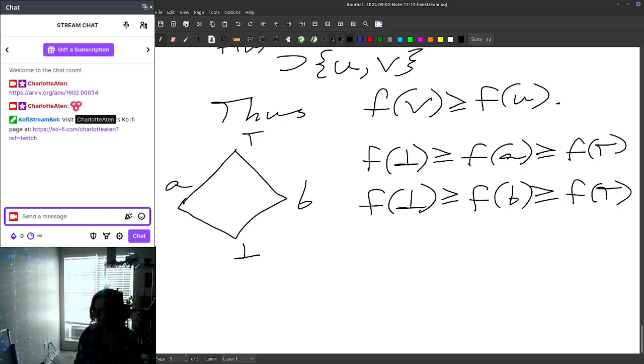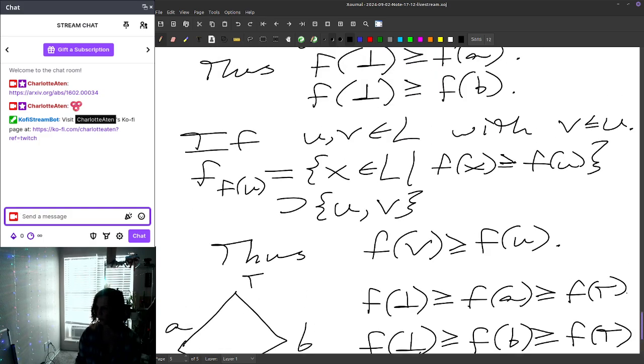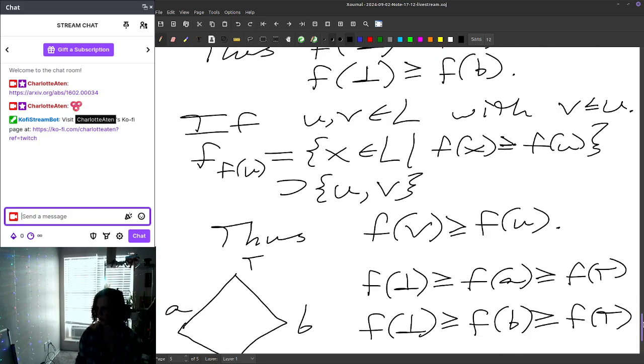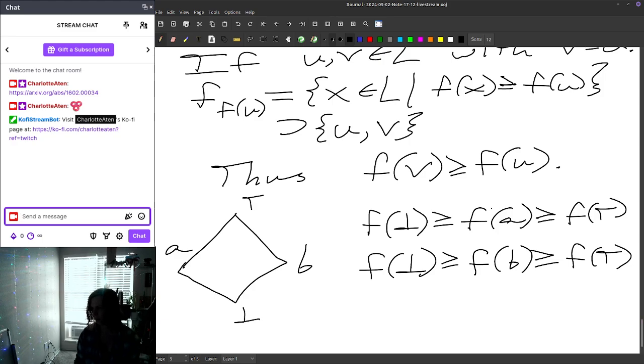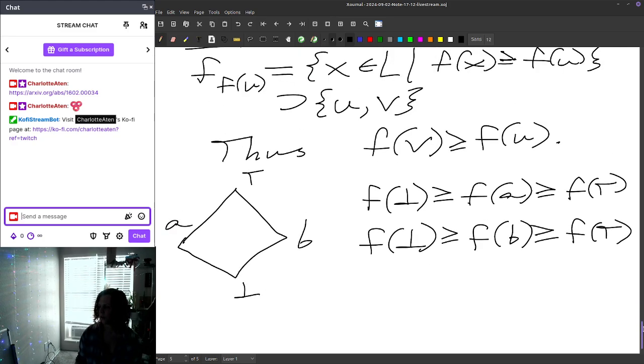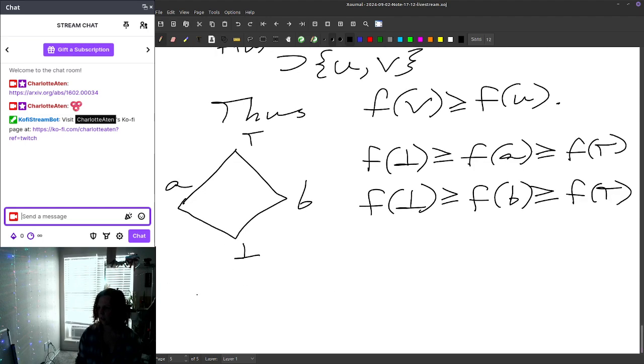If I have the bottom element greater than or equal to, well, I sent the bottom element to a bigger thing than A, to a bigger thing than the top, and similarly for B. So what I would want to show is that if I did, I guess I need a new page.